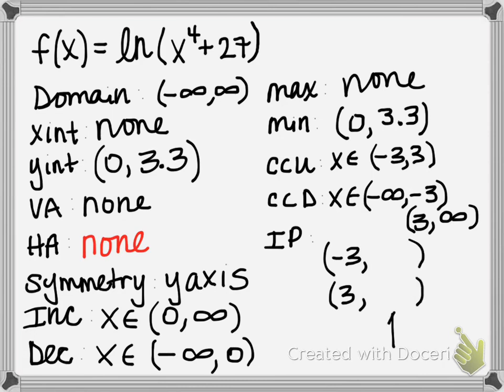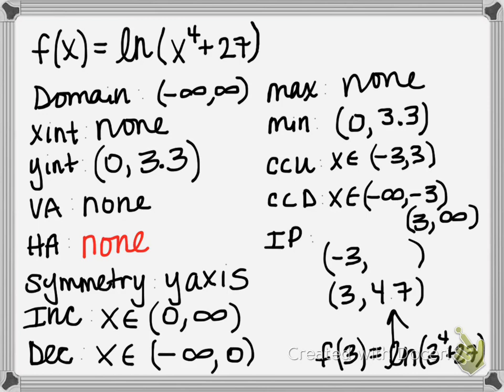So the last thing we need to do is find the y values of our inflection points. And these are points on the original curve, so we're going to actually substitute these x values into the original function. So we're going to find f of 3. So that would be the natural log of 3 to the fourth power plus 27, which is definitely going to be something you'll put in your calculator. That's the natural log of 108, which I'm getting to be about 4.7.